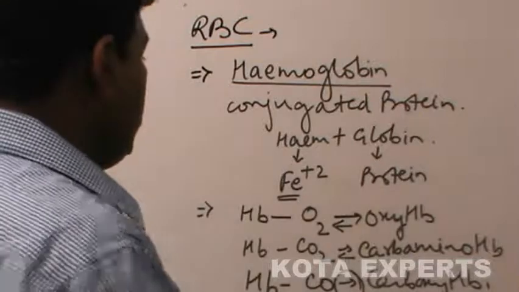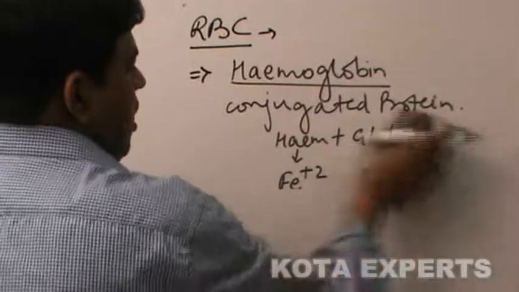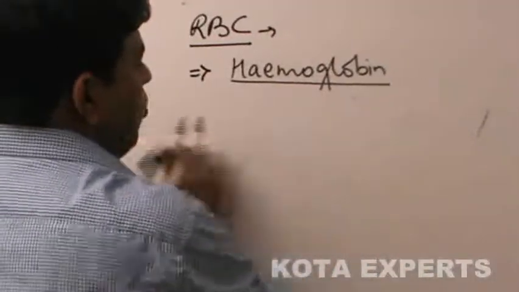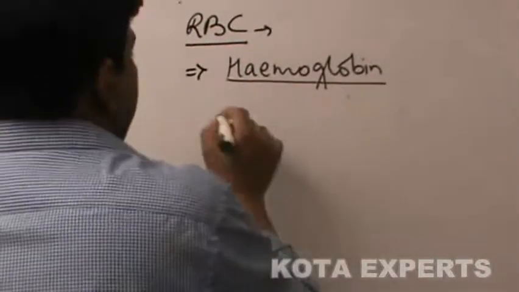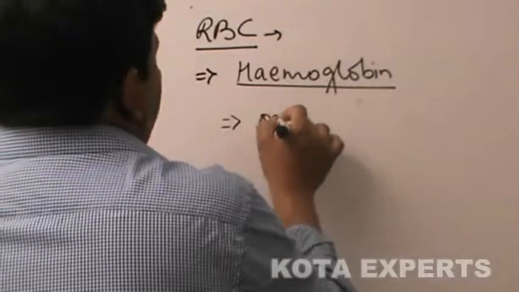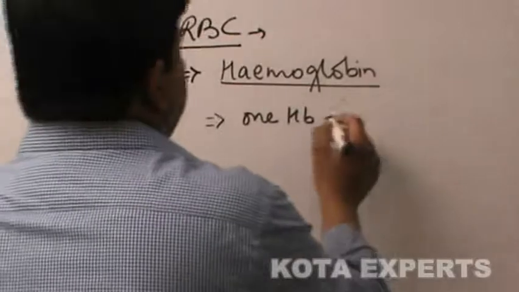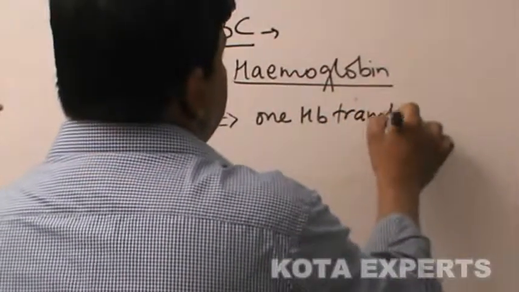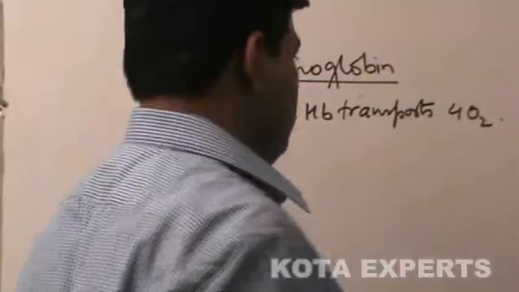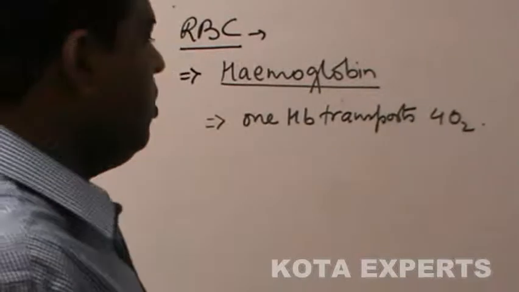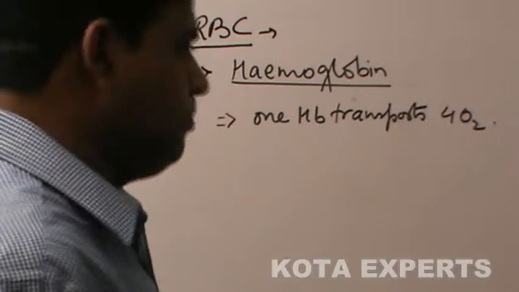So hemoglobin, the red pigment because of which RBC is red in color, is a conjugated protein, and it transports oxygen as well as carbon dioxide, and one hemoglobin molecule transports 4 oxygen molecules, or we can say 8 oxygen atoms.